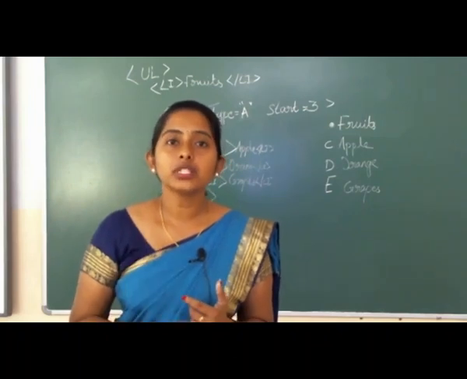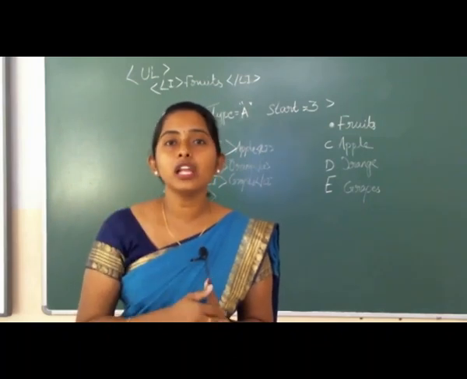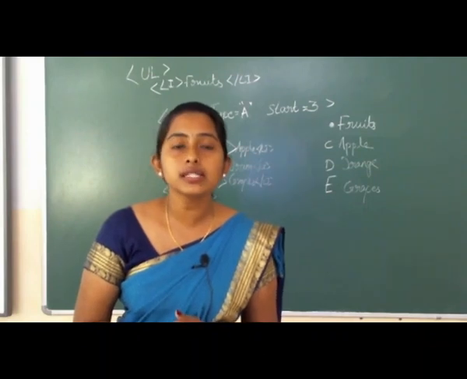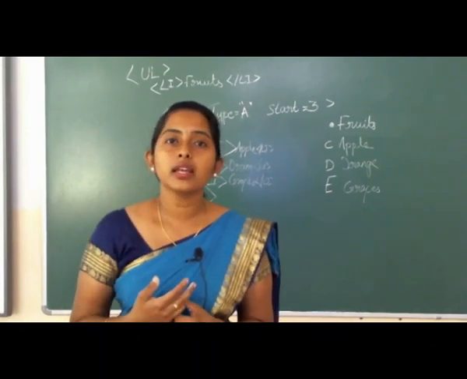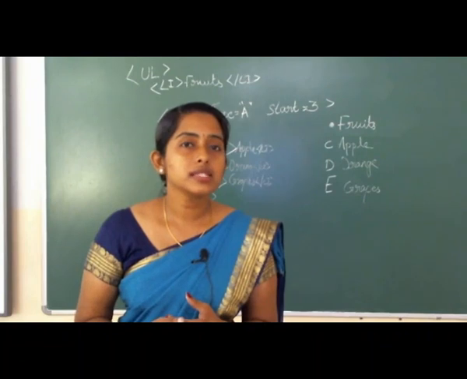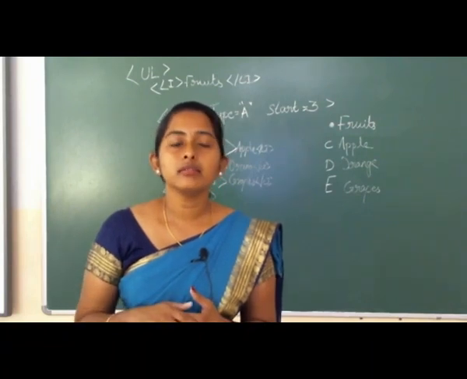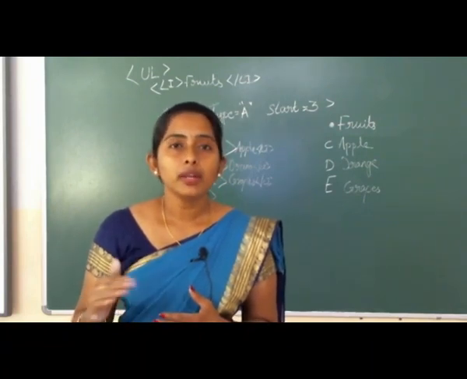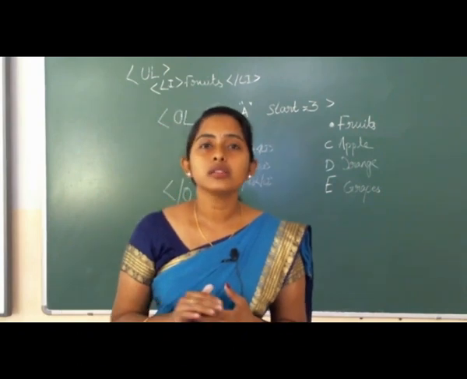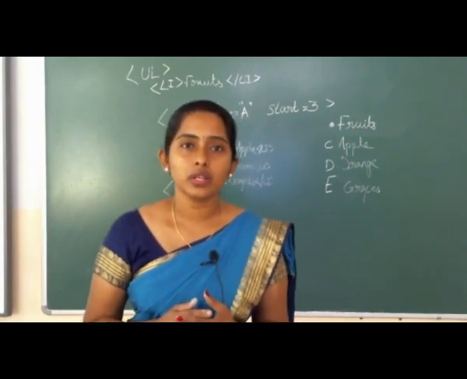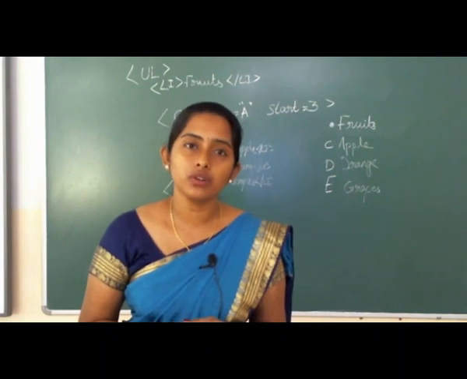Okay. For the type attribute, mainly 5 values are there for the ordered list, that is capital letters ABCD, small letters abcd, then capital Roman letters, small Roman letters, and 1, 2, 3. Okay, by default you can see 1, 2, 3.